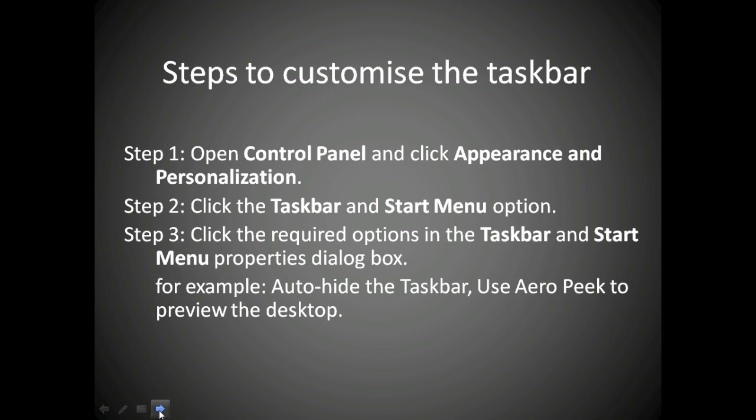For that, what we have to do is, again you have to open the control panel. The step is the same. Start button, then you'll get control panel. Once you open the control panel, you can click appearance and personalization. Inside this you get taskbar and start menu options.